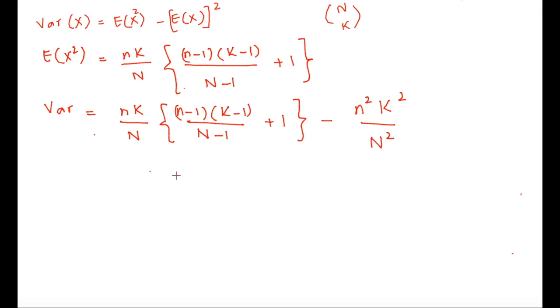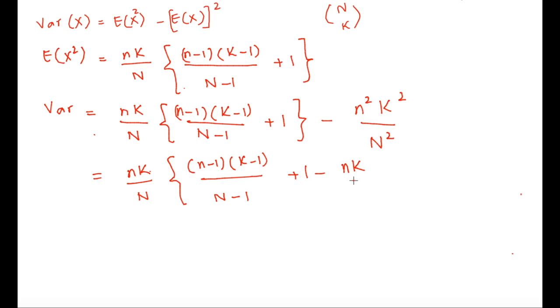Correct? I can do that, right? Okay, so let me take nk over n common. So this is equal to nk over n, then I will say (n minus 1)(k minus 1) over n minus 1, plus 1, minus nk over n.